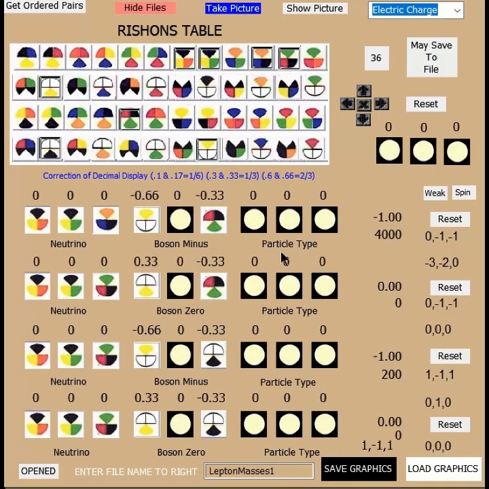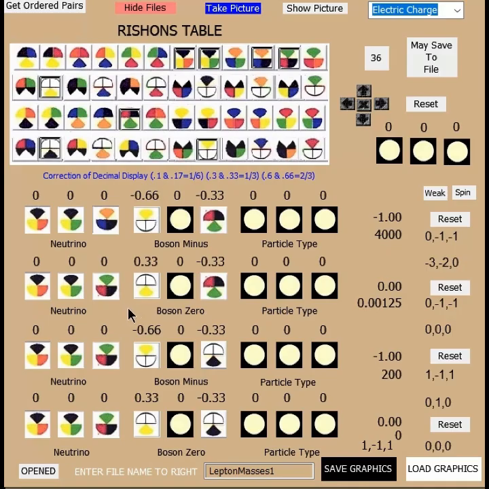Now, let's continue and we'll see if we see a pattern. So again, we have the generic neutrino, or we can say the muon neutrino. And again, we can see that the mass is 125 hundred thousandths of an electron unit. And this time we have a boson 0.